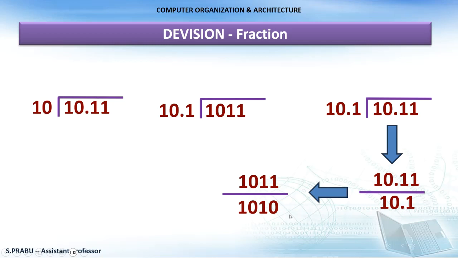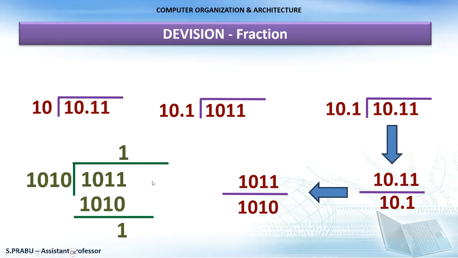In the second shifting, I can add the 0 here. 10.11 becomes 1011.0. 10.1 becomes 1010.0. So these two values are the same only. Now I can do the normal division operation. I can get the result like this. So this is the result for fractional numbers division.